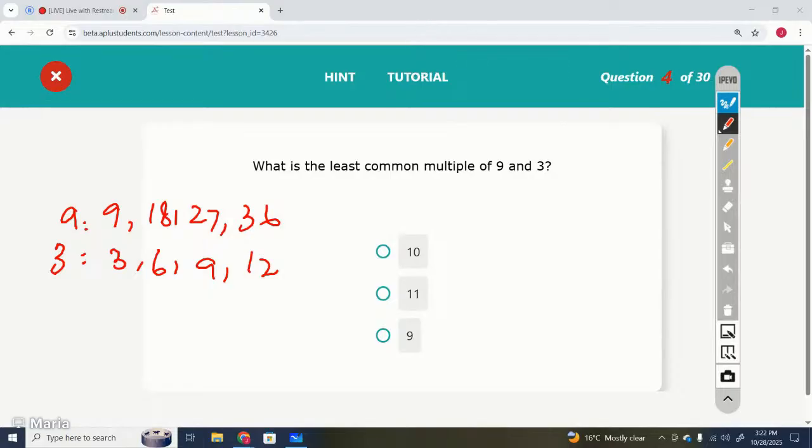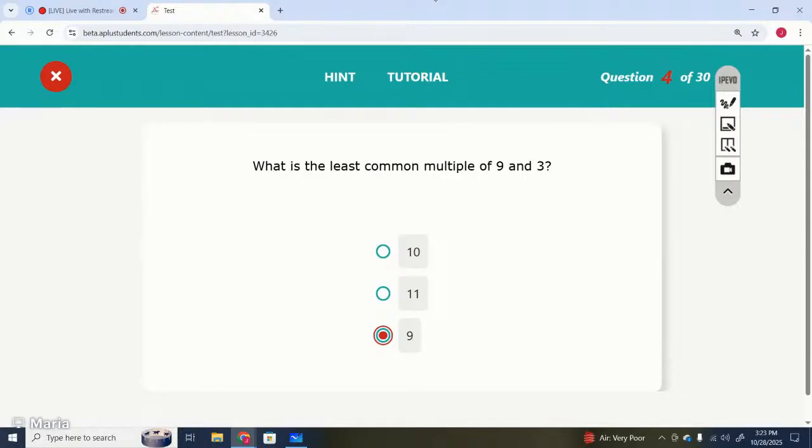So which is the least common multiple? 9 is the correct option. Option number 3 is the correct option.